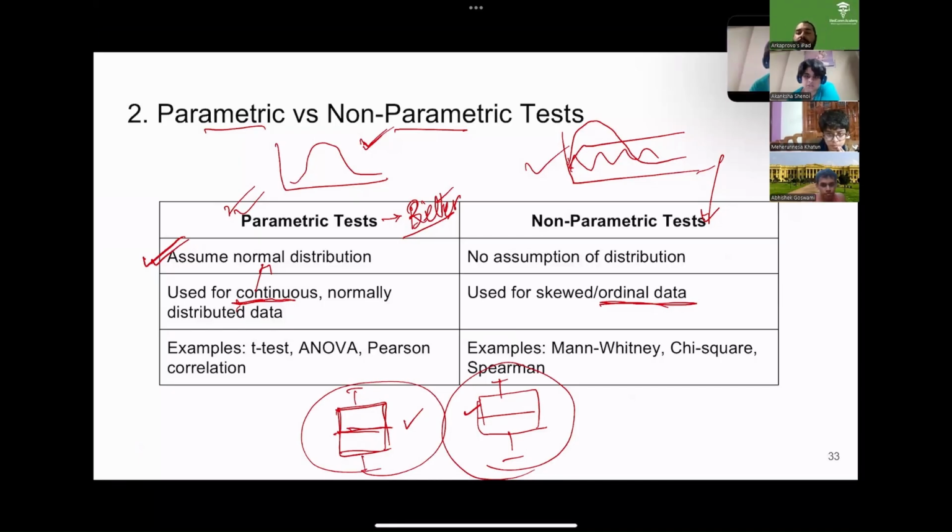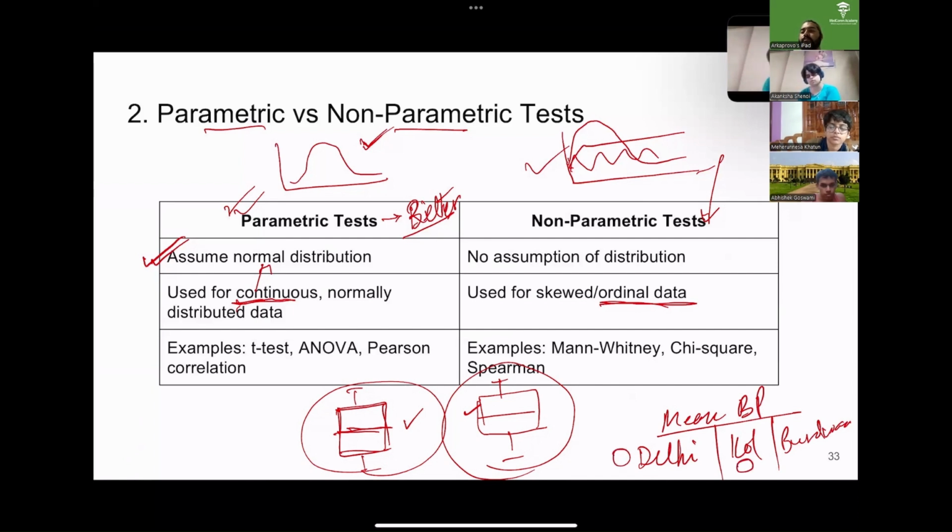So I'll give you an example, like we had discussed previously, the mean blood pressure of three places, Delhi, Kolkata, and Bardhaman, right? If we are to compare, take three samples from these places and compare, we can do it.